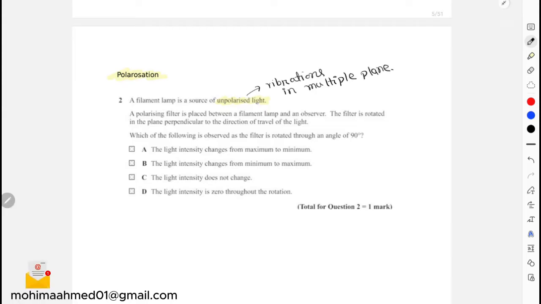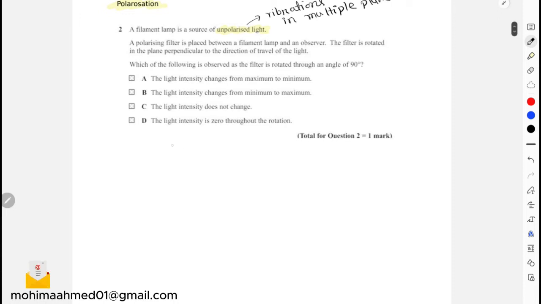So if there are vibrations in multiple planes, for example, if you place your filter vertically, then obviously it will cancel out your horizontal vibrations, but it would still pass your vertical vibrations along the filter. Then when you rotate it and place it horizontally, obviously your vertical vibrations are cancelled out, but horizontal planes are able to pass.